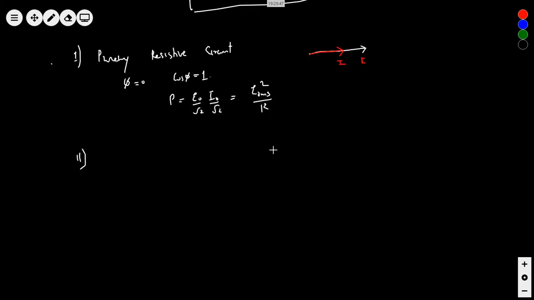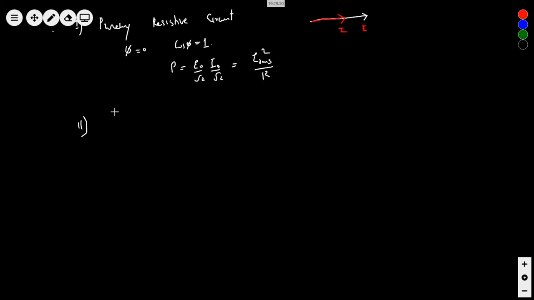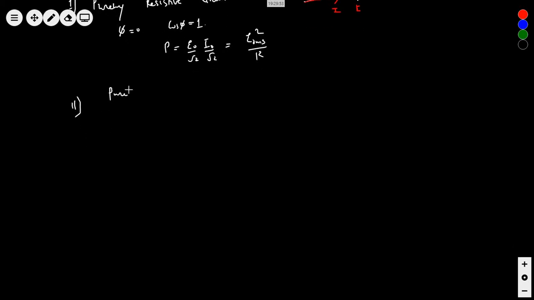Number 2, case 2. In case of the purely inductive circuit, what was phi? Phi is equal to pi by 2, because in ELI the ICE man, the voltage leads the current, by phi.